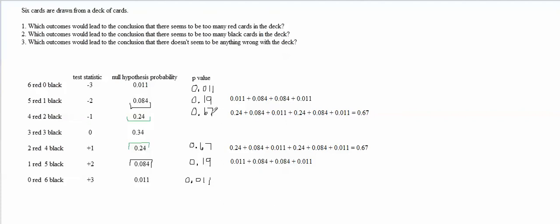And what you might be noticing is, see how these two numbers in this column are the same? They're both 0.084. They both have the same answer over here. These ones that both say 0.24, they're the same number, and they both have the same answer over here. So both 0.24s have the same answer of 0.67. Both 0.084s have the same answer of 0.19.